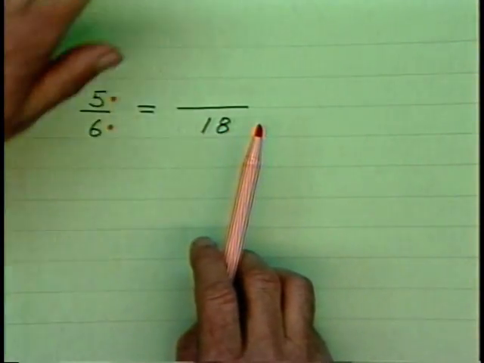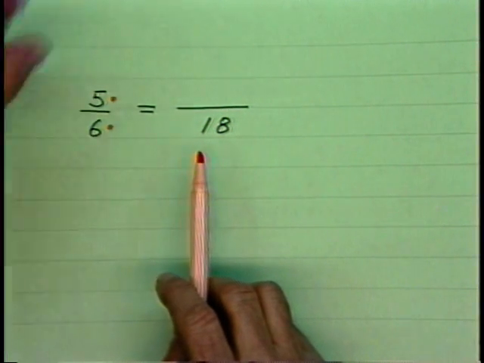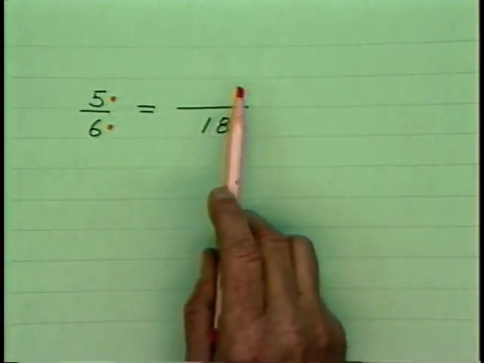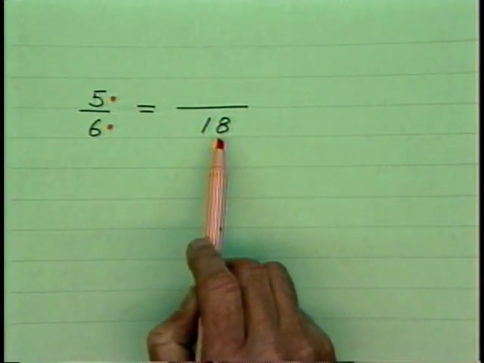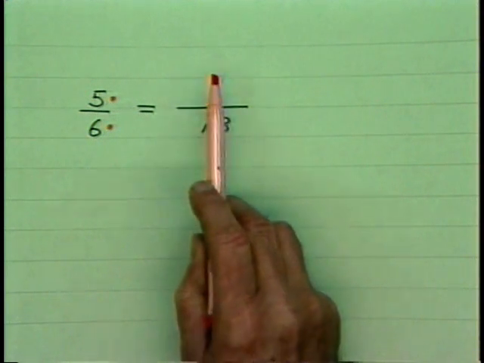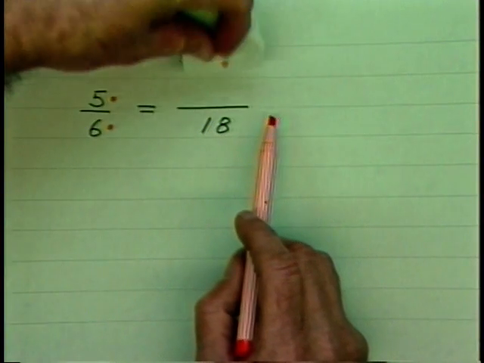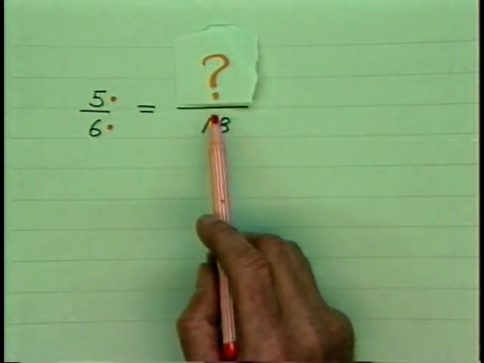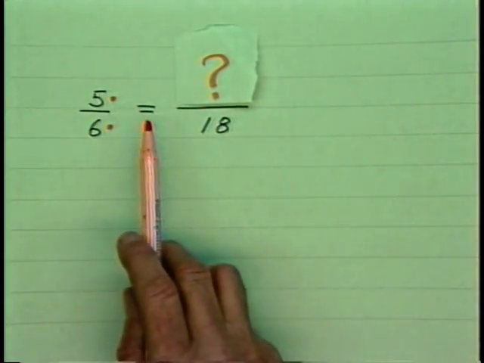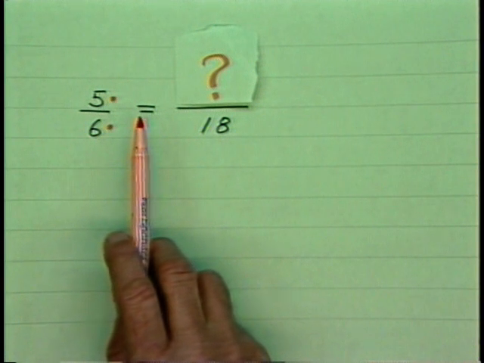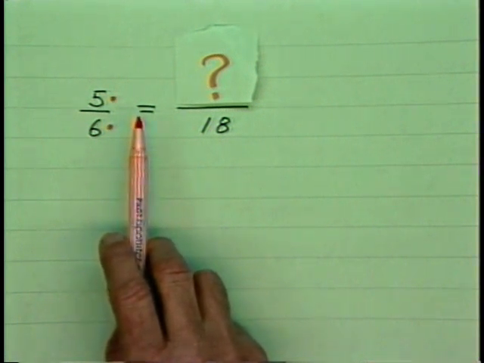And we started our exercises by giving you a new form where the bottom has been supplied, but the top has not. So we ask, what would this be in order to be sure that the fractions are equivalent? And our process was simply this.